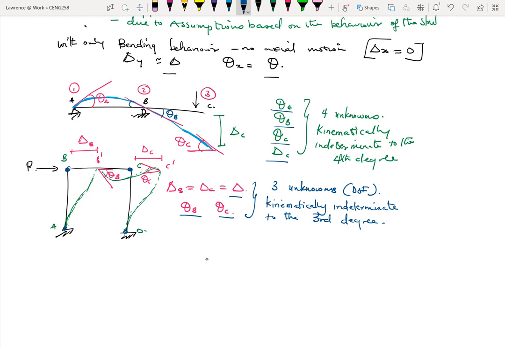So being able to specify the kinematic indeterminacy, or the number of unconstrained degrees of freedom for the structure, is a very important first step when we are trying to apply the slope deflection method.